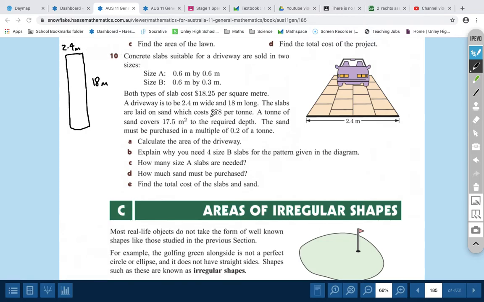We've got the cost of sand, so you always lay your pavers on sand. Well, let's just start the questions. Calculate the area of the driveway. Easy peasy, because that's just a rectangle, so it's length times width. It's 18 times 2.4.